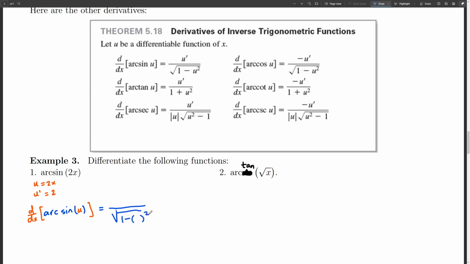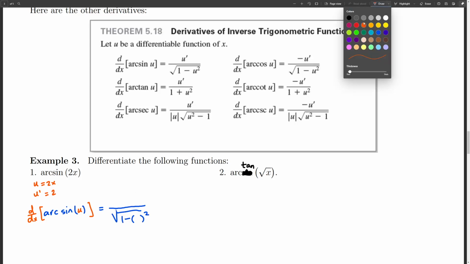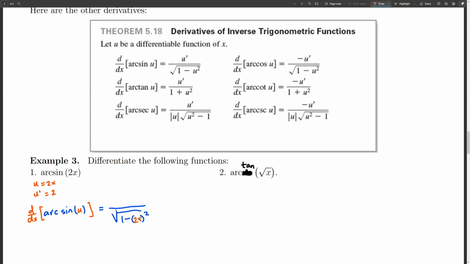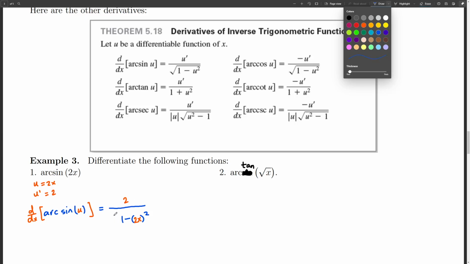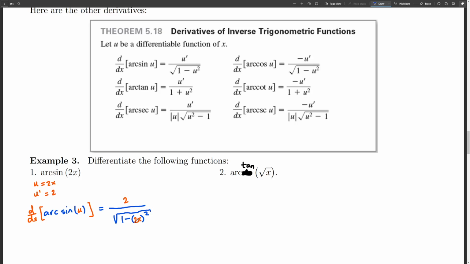So u squared is actually 2x squared here, and then u prime, which is 2, shows up in the numerator. So my derivative here is 2 over the square root of 1 minus 2x squared. And if you wanted to, you could simplify that a little bit more as 2 over the square root of 1 minus 4x squared.